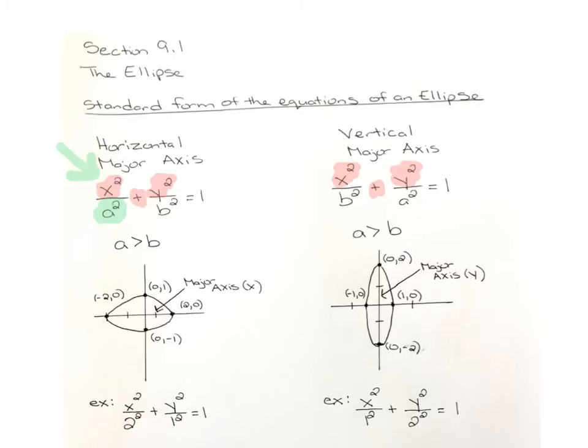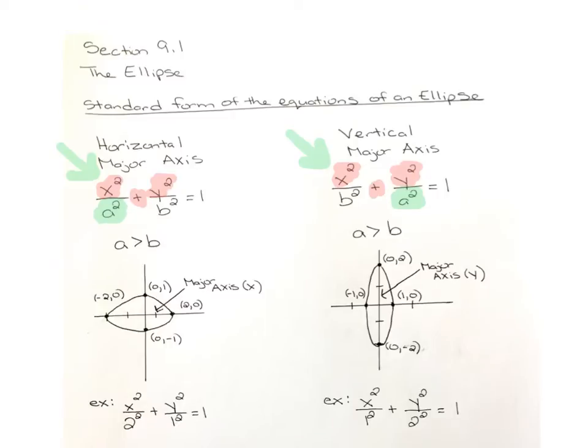So x is going to have the longer side than the y. Over here on the right, the vertical major axis, the a squared is underneath the y, so y is going to be your major axis. That means y is going to have the longer side than the x.